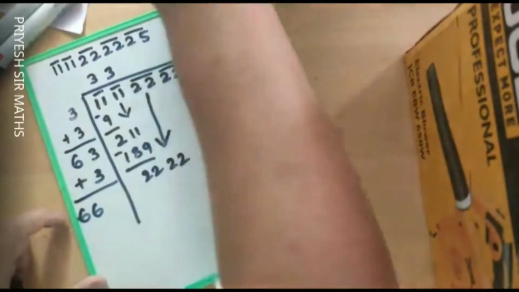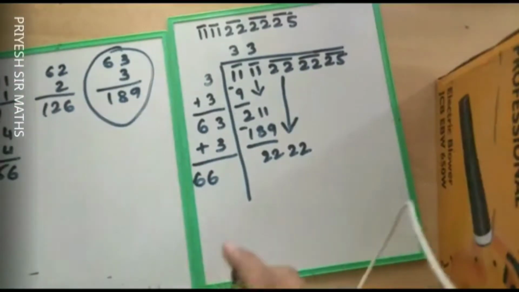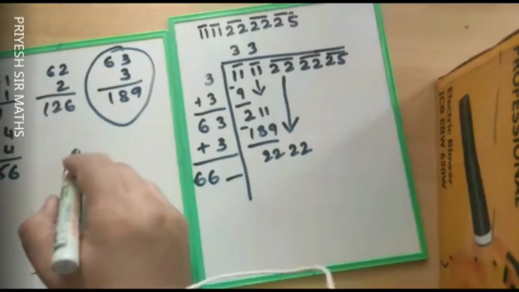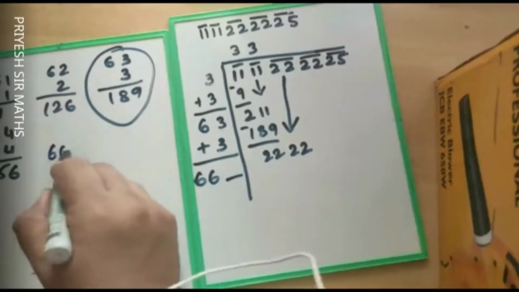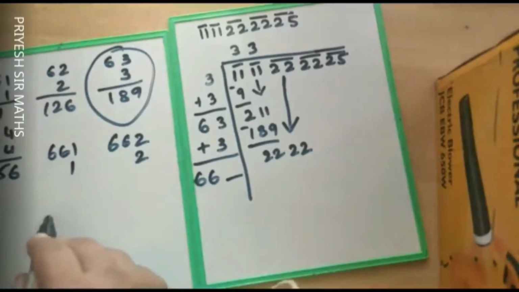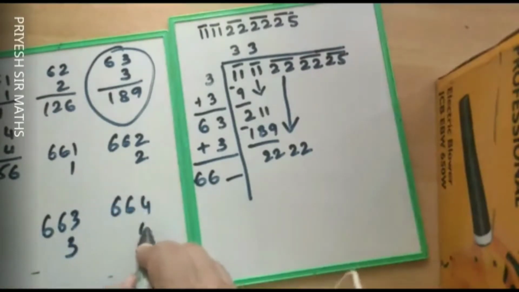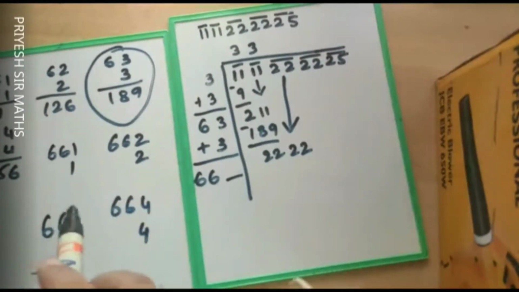Now you have to again check 6 and what number should be there. So you have to see that 661 ones are, 662 twos are, 663 threes are, 664 fours are. Which will come? Please tell me.